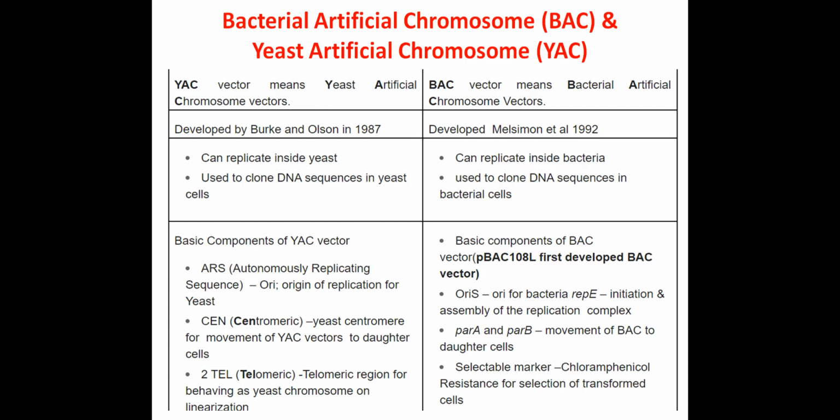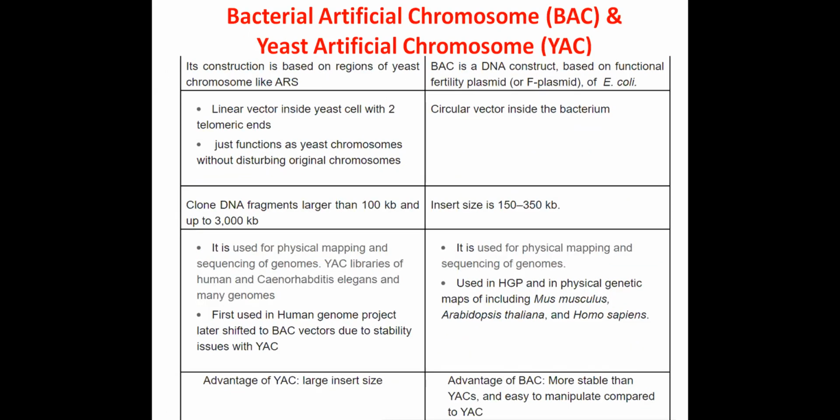Then it has selectable markers like chloramphenicol resistance for the selection of the transformed cells. YAC is a linear vector which has two telomeric ends, and BAC is a circular vector. The yeast artificial chromosome has the capacity to clone large fragments of up to 3000 kilobases.